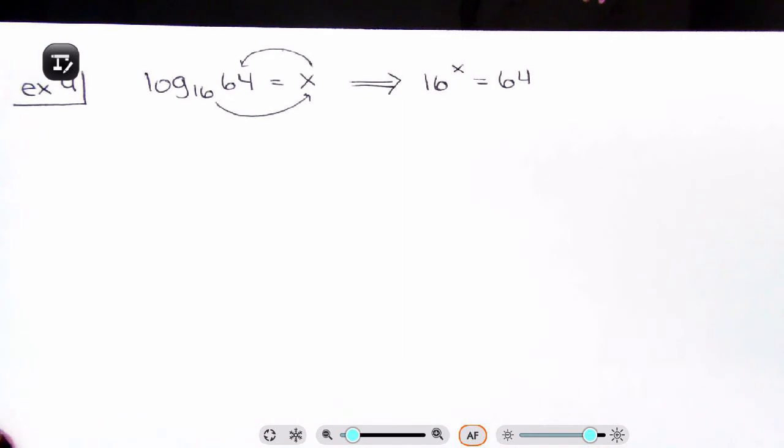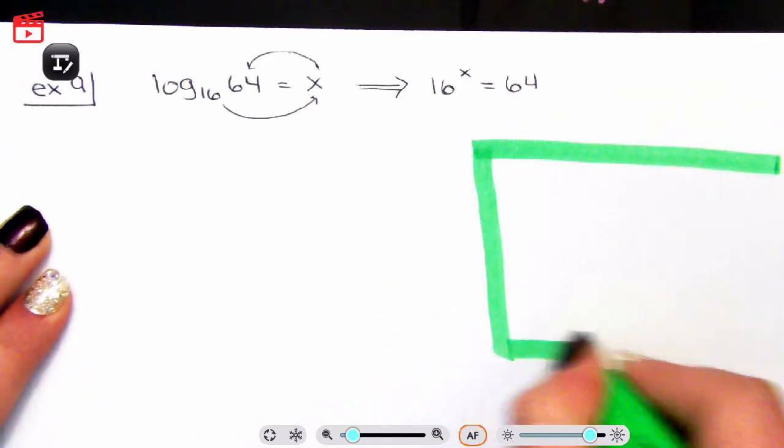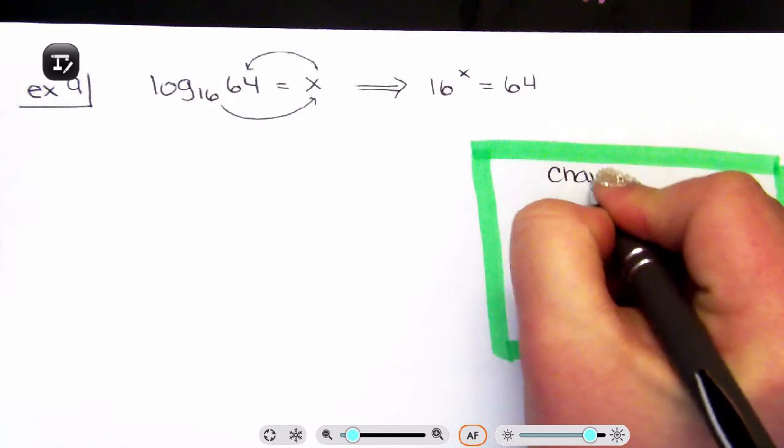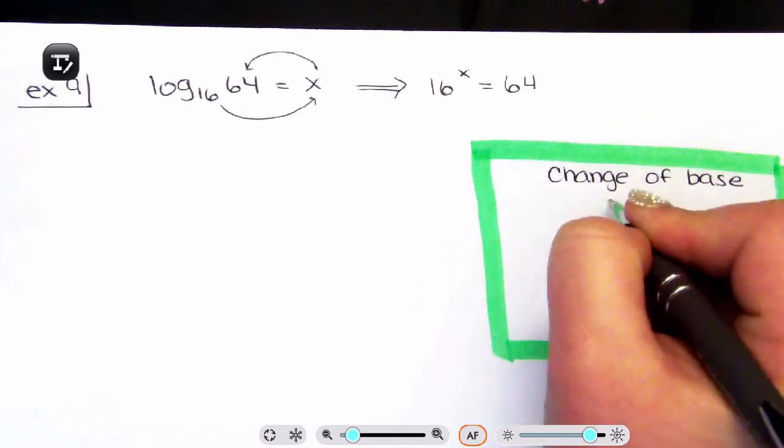So what we're doing when we're using a calculator, we have what's called the change of base formula. And I'm even going to put it in a box here. It's super important, especially if you're trying to use a calculator. It's called the change of base formula.